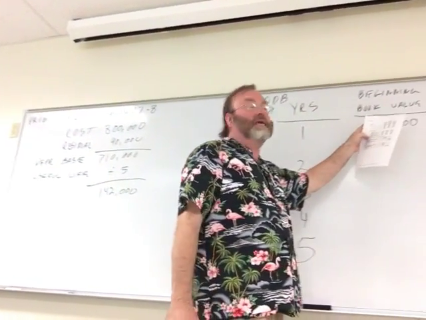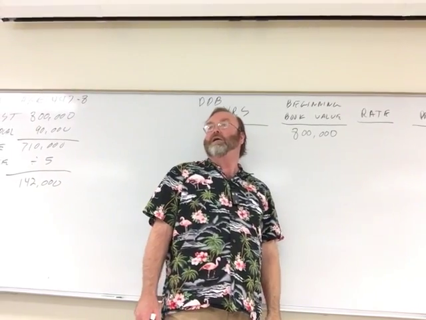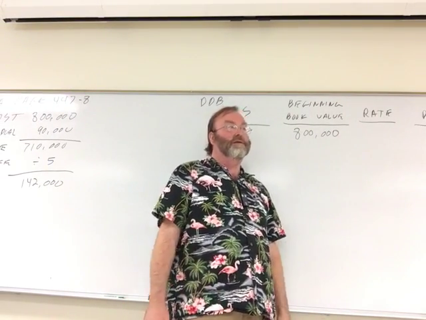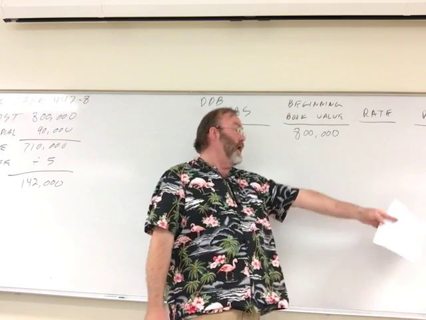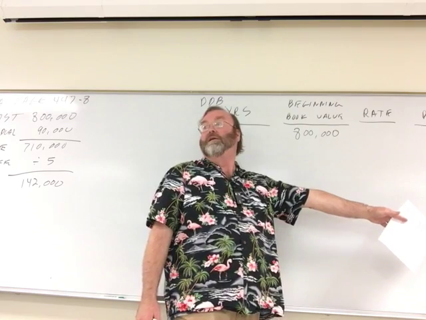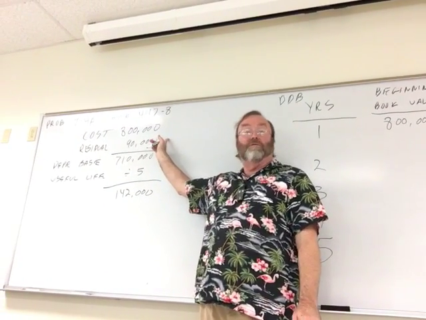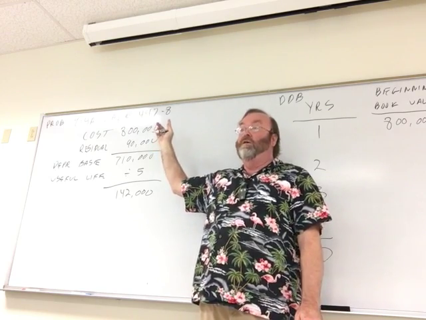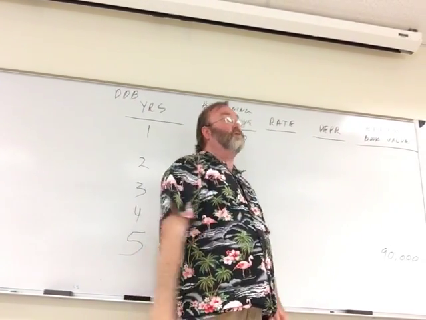For double declining balance, the book value at the beginning of the year is $800,000. What is the book value at the end of year 5? It's on the board. $90,000. Because that's the residual value, the salvage value, $90,000. So a 5-year property, what's the straight line rate?